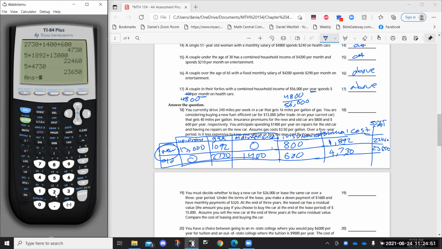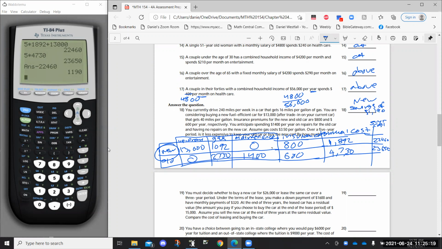Let's subtract 22,460, and I save $1,190. So the new car is a savings of $1,190. Okay, so using a table like that will help you.